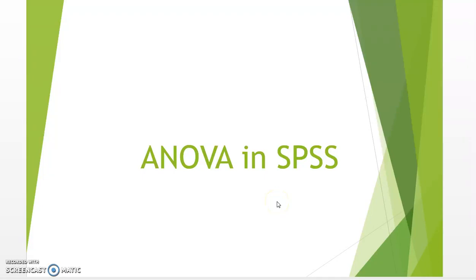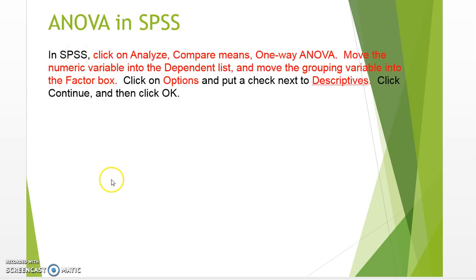Hi everybody. In this section, we're going to talk about how to do the ANOVA test in SPSS. In general, what we need to do in SPSS for an ANOVA test is simply click on Analyze, Compare Means, and choose One-Way ANOVA.